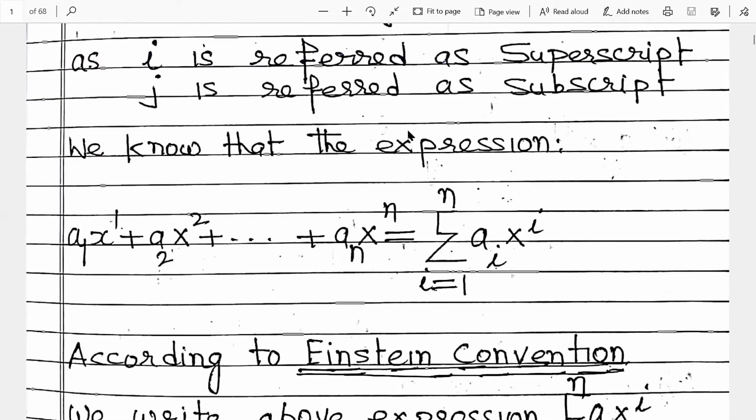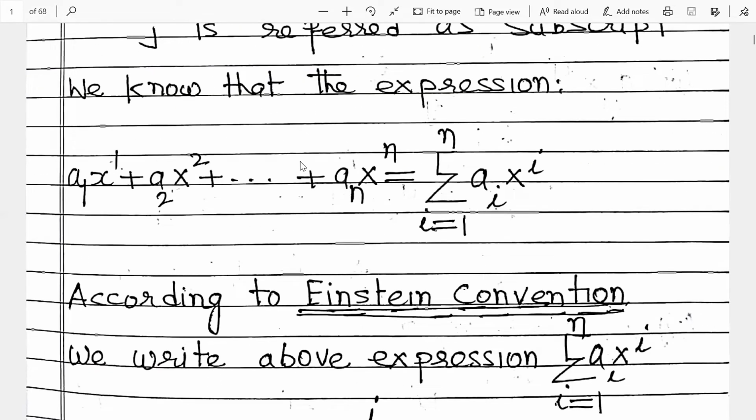So remember this term. In this expression, we can write it in terms of summation: a summation of a_i x raised to the power i, basically x superscript i and a subscript i.